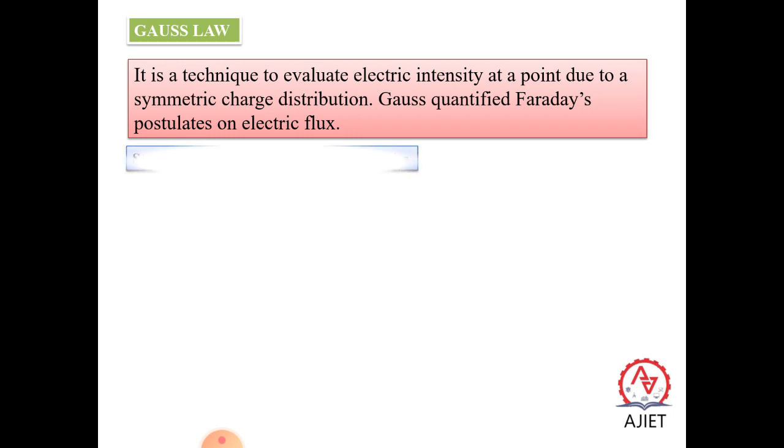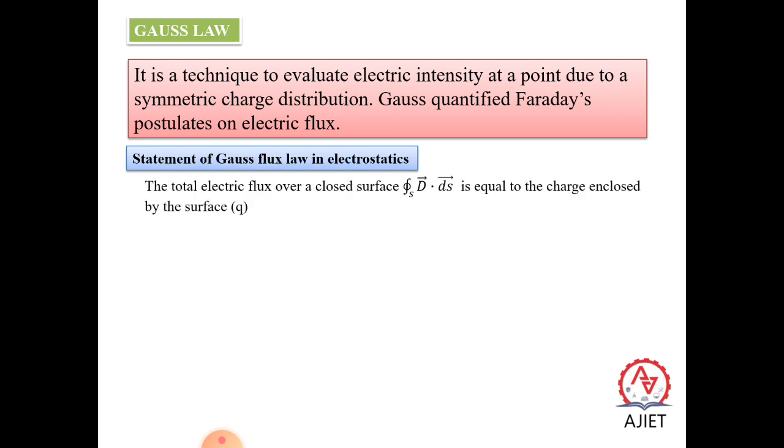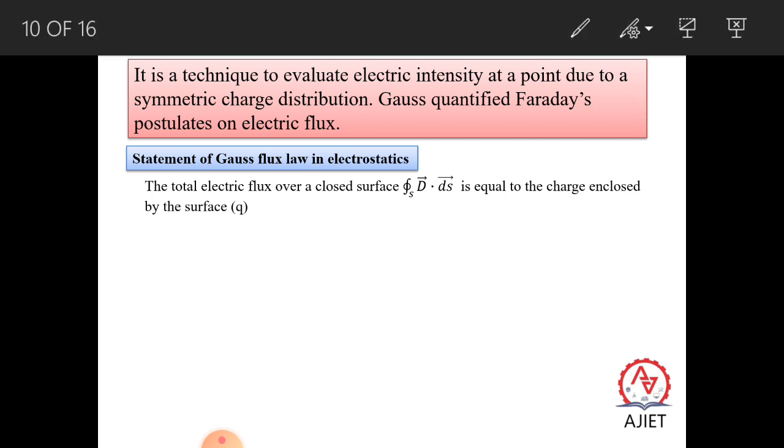So what is this Gauss law? Statement of Gauss law in electrostatics: the total electric flux over a closed surface, the closed contour integral of D dot dS, is equal to the total charge enclosed in the surface.